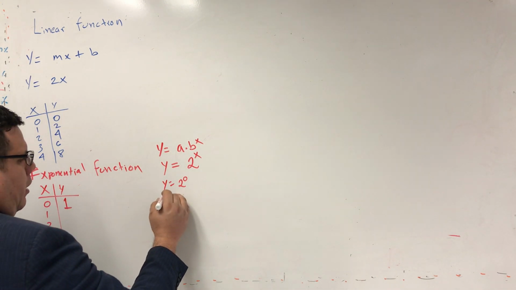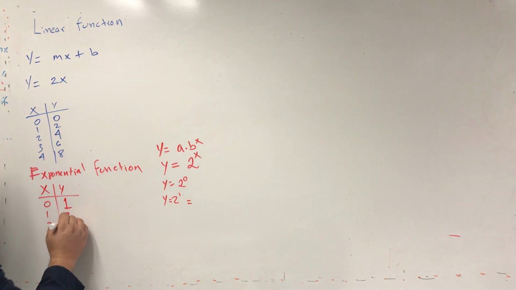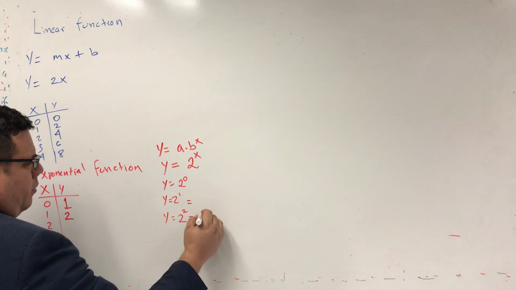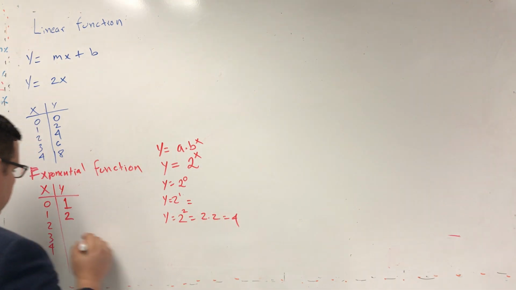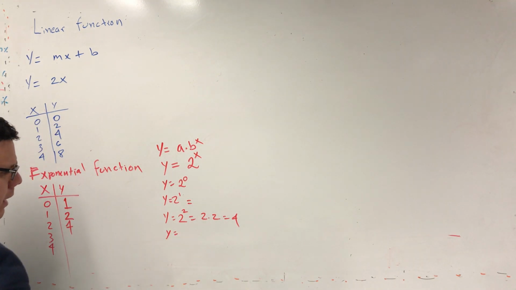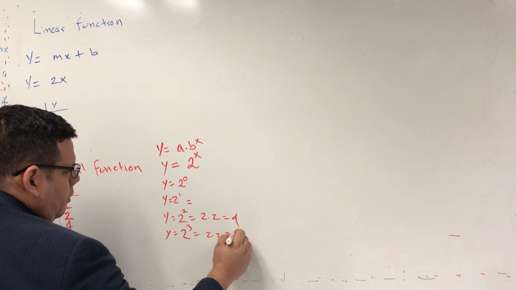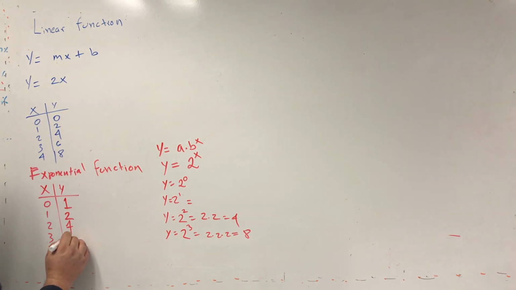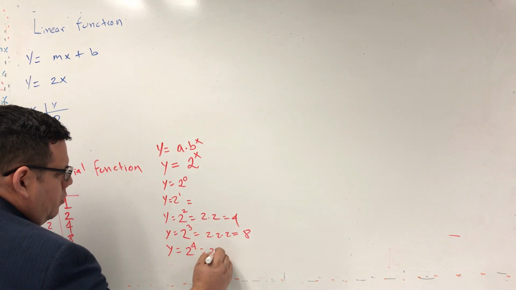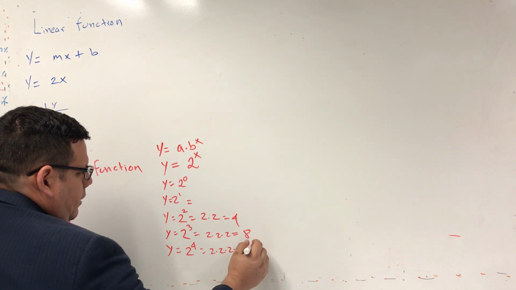Then 2 raised to the 1 remains the same, 2. 2 raised to the second power is 2 times 2, which is 4. 2 raised to the third power is 2 times 2 times 2, which is 8. And 2 to the fourth power is 2 times 2 times 2 times 2, which is 16.